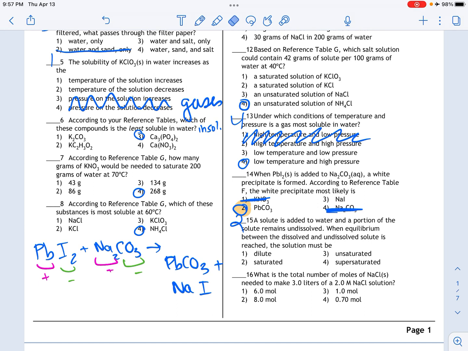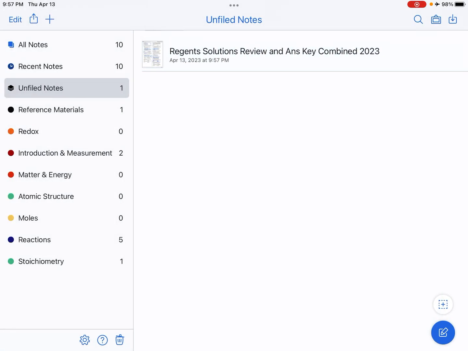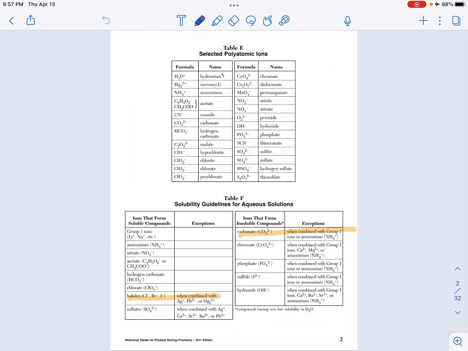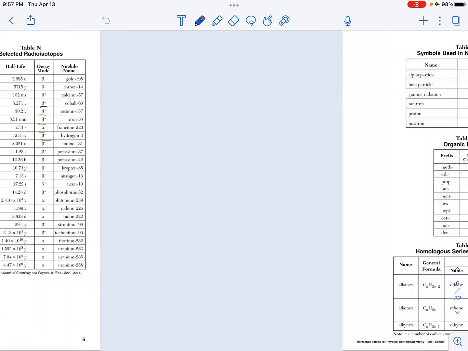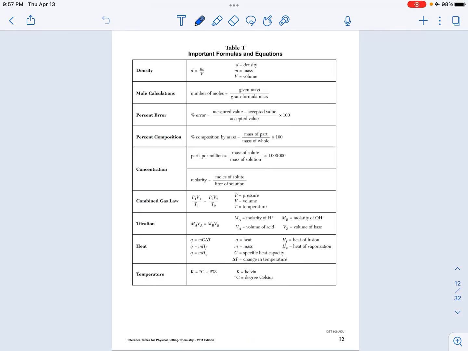So where do you find all your formulas? Table T. It says, what is the total number of moles of NaCl solid needed to make 3 liters of a 2 molar NaCl solution? So back to the reference tables we go. Table T is right here.